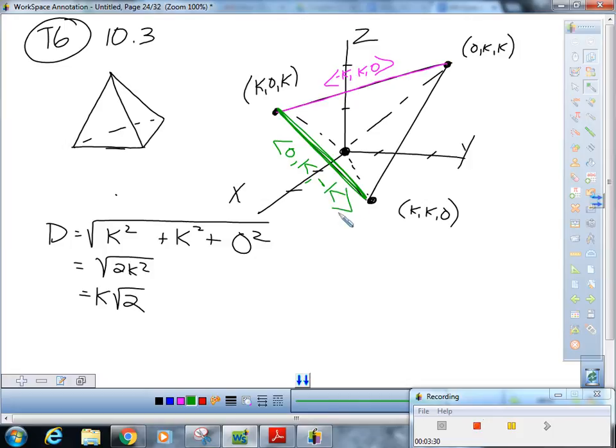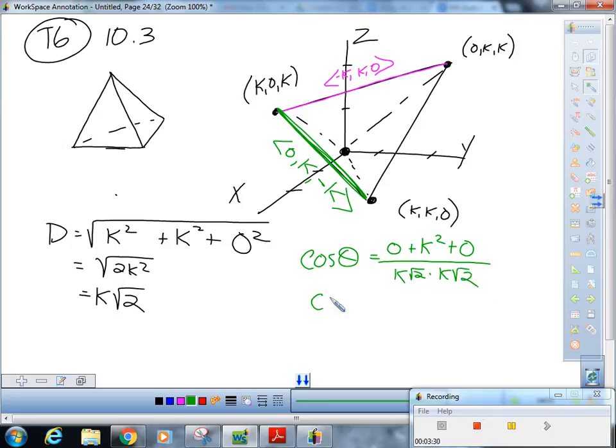Okay, so the angle between the pink vector and the green vector would be, cosine of theta is pink dot green. So 0 plus k squared plus 0, that's the dot product, over the product of the magnitudes, so k radical 2 times k radical 2.